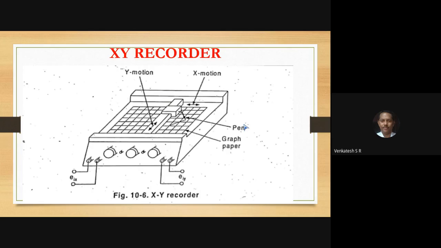What is the meaning of terminating device? A terminating device is nothing but that which gives the answer or the result of the measurement. So these are all terminating devices. This is the last portion in your fourth module.